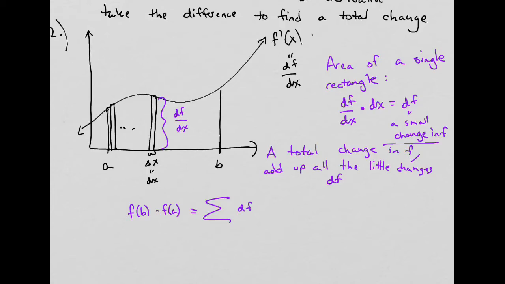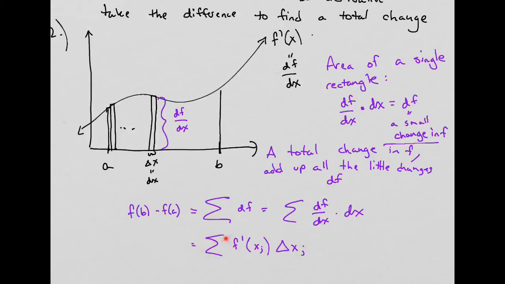Which we already said are the sum of df dx times dx, which is the same thing as the sum of those little f prime of x. I'm going to change this a little bit: f prime of x sub j times, instead of dx, delta x sub j. And if you look at this, this is a Riemann sum.